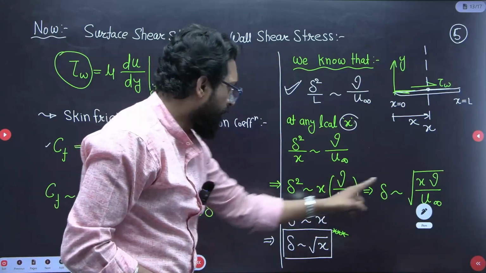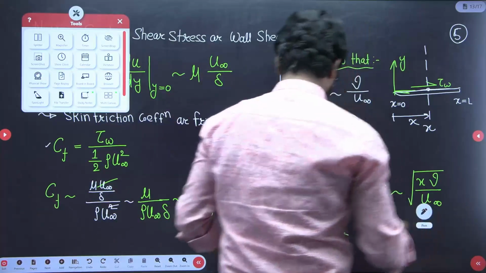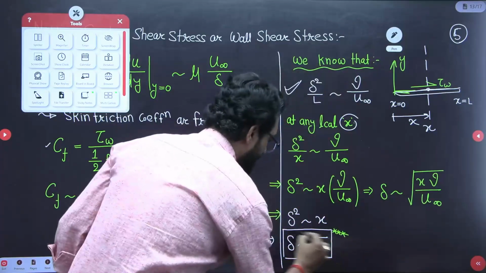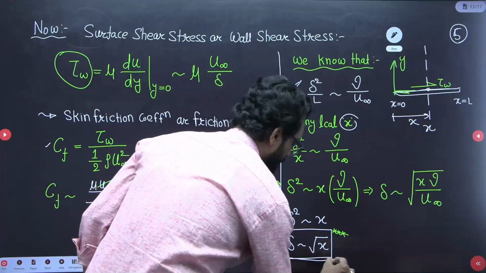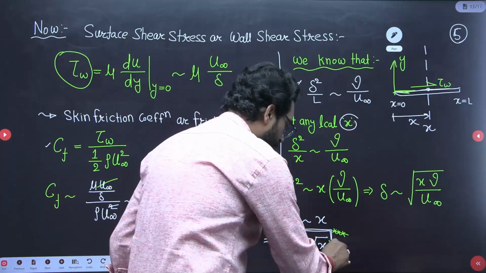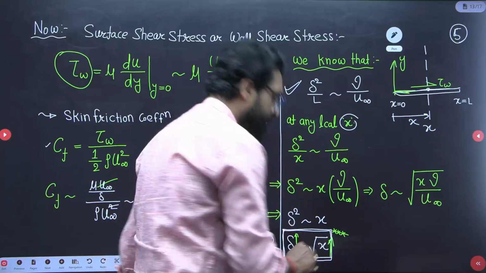From here, this is very important, my dear. Delta is the order of root x. That means if x increases, the boundary layer thickness will increase.